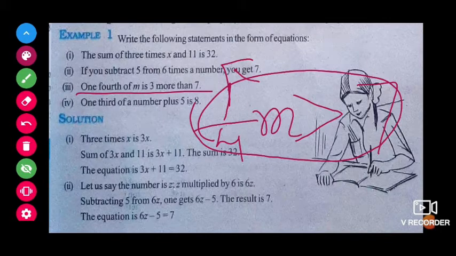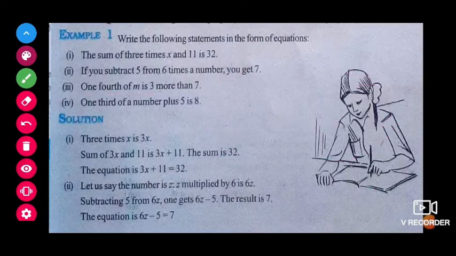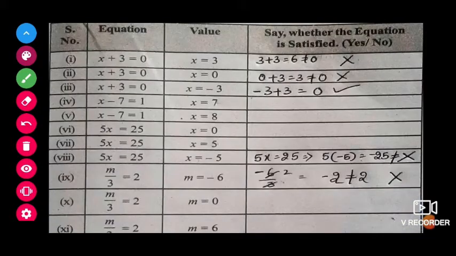Now that I will explain in the further exercise. Even at that also I will show you. Here they are asking the first question. This is the table which I have taken from your exercise 4.1.